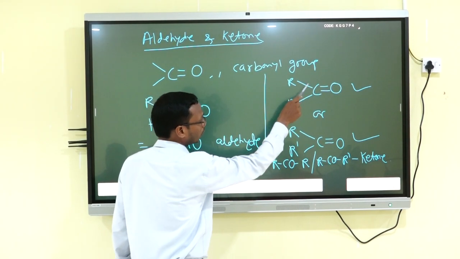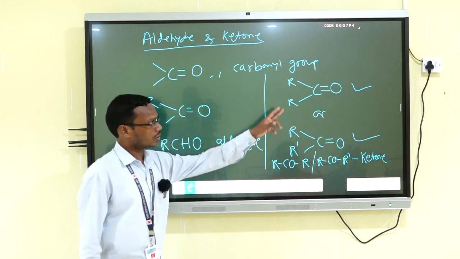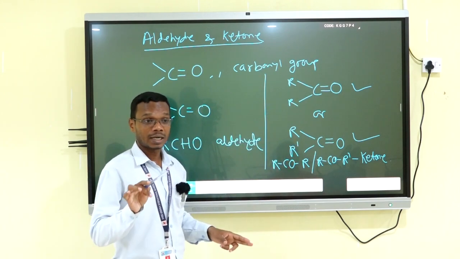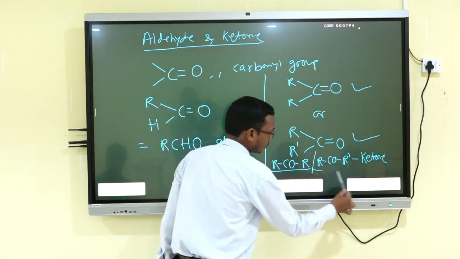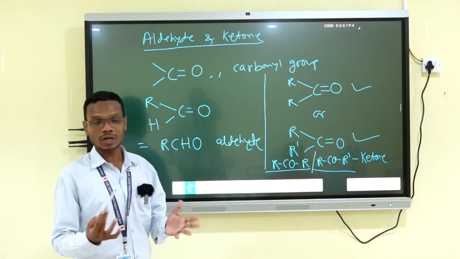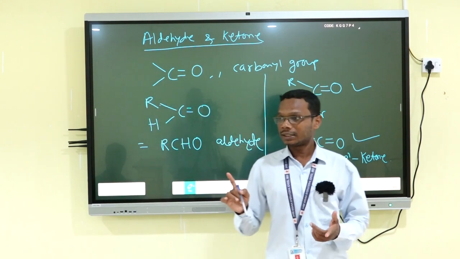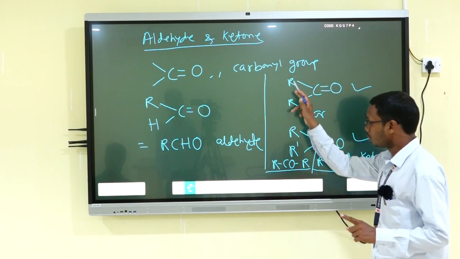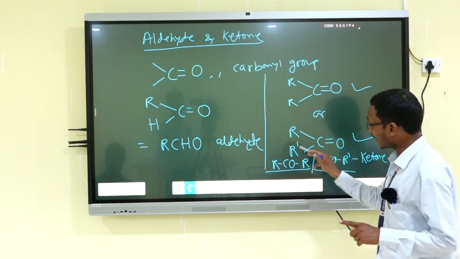If the carbonyl group links with two same or different alkyl groups, then our new functional group is RCOR or RCOR dash. It is called ketone. Understand the difference between aldehyde and ketone? In aldehyde there is only one alkyl group, but in ketone there are two same or different alkyl groups.